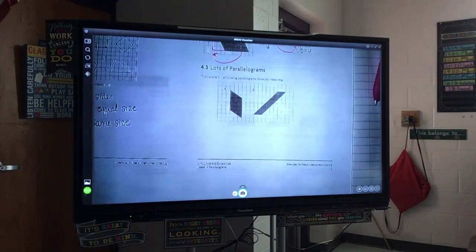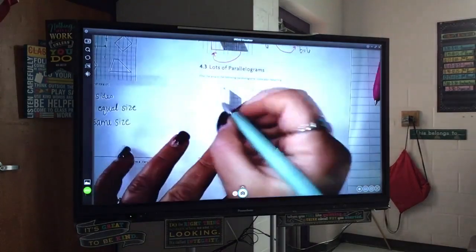All right, so how many of you guys decomposed and rearranged the first one? No. Okay. All right, how many of you guys used the formula? All right, so for this one I'm going to decompose it. I'm going to cut it here.